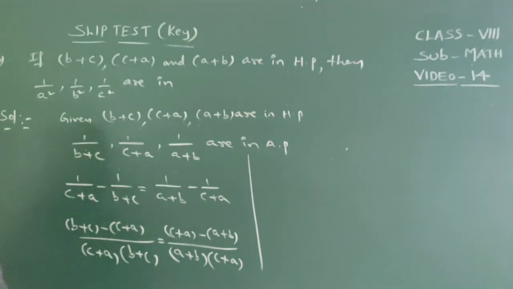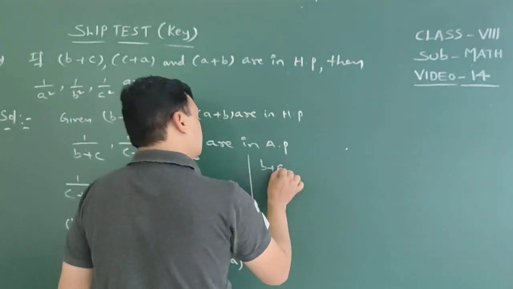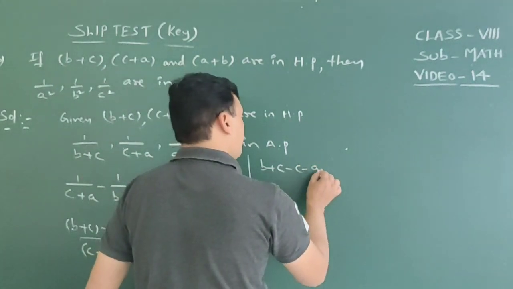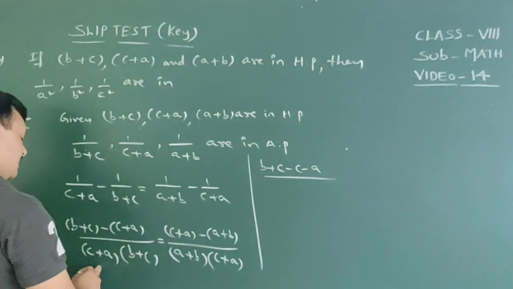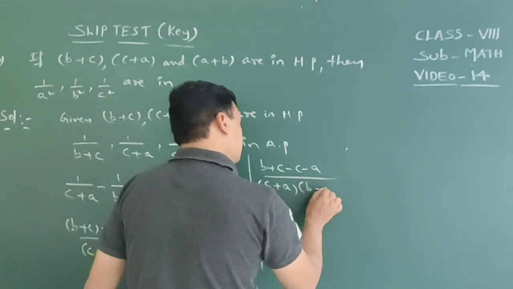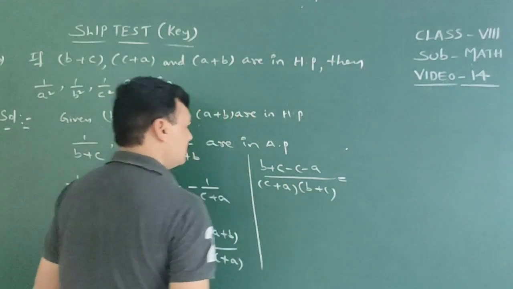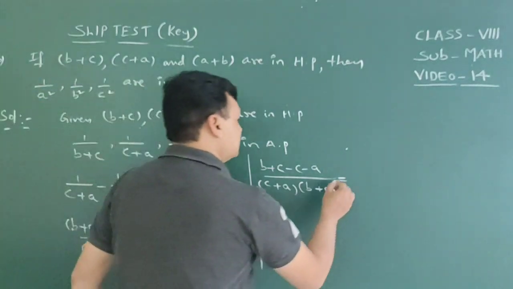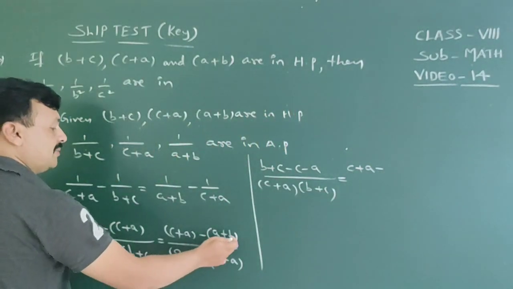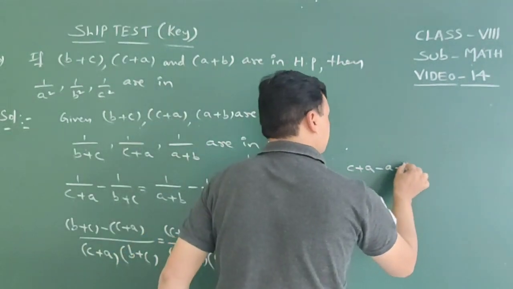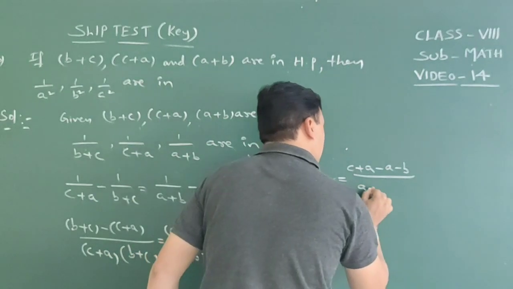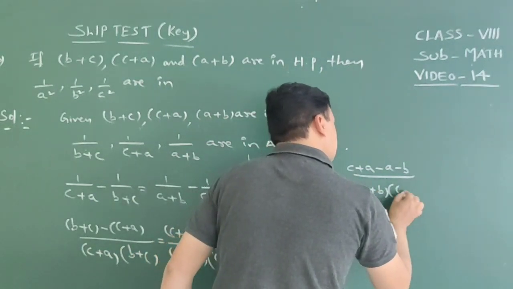Next, here b plus c minus c minus a by c plus a into b plus c equals c plus a minus a minus b by a plus b into c plus a.